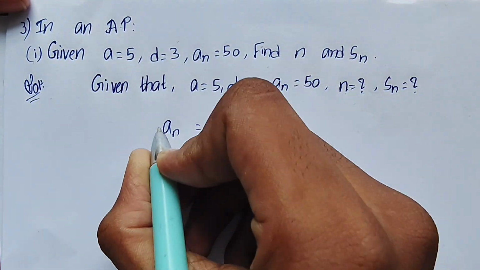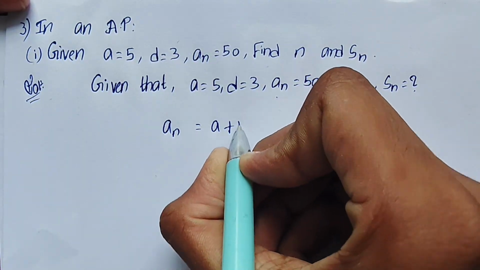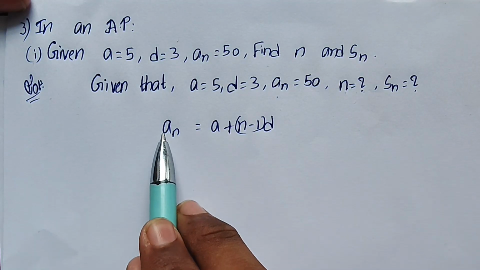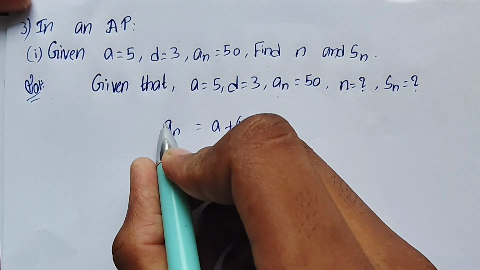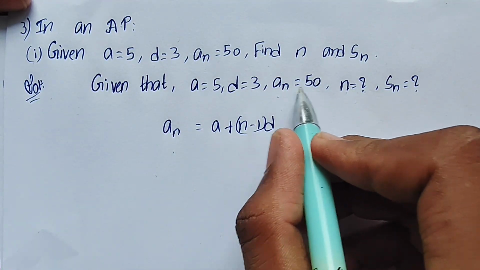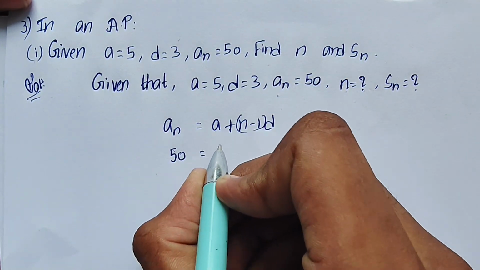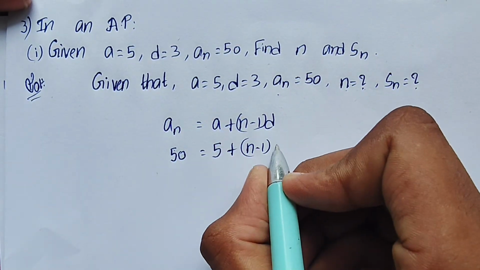We know the formula of finding the nth term: a_n = a + (n - 1)d. So we know the values of a_n, a and d. Let us substitute: 50 equals the value of a, 5, plus (n - 1) into the value of d, 3.